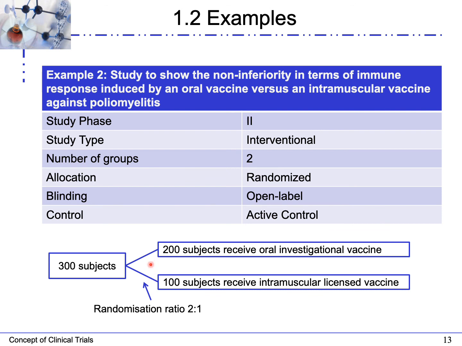The randomization ratio is 2-to-1, with 200 subjects receiving the oral investigational vaccine and 100 subjects receiving the intramuscular. And the idea of this development is just to deliver a vaccine in an oral formulation that is easier to administer than the intramuscular administration.